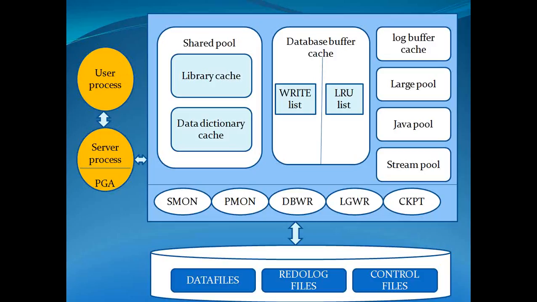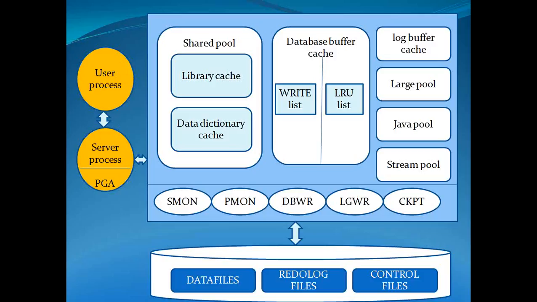Now once the connection has been established, let's say the user process has issued the statement select star from EMP. What happens after the user process issues this statement? The server process residing over here is going to receive that statement.